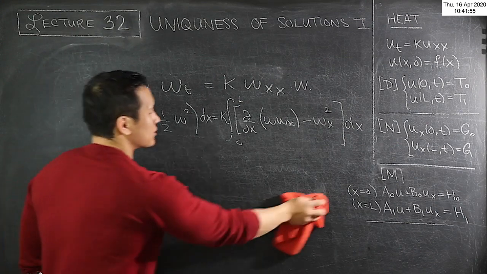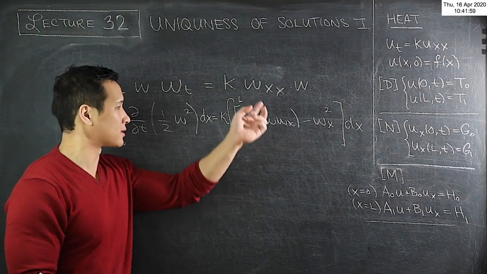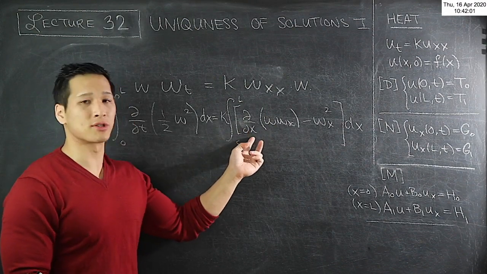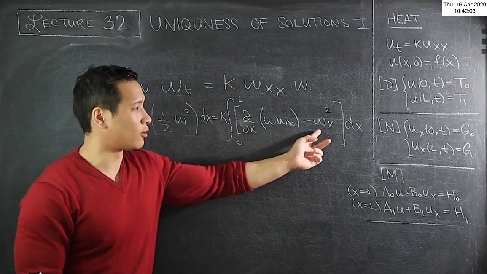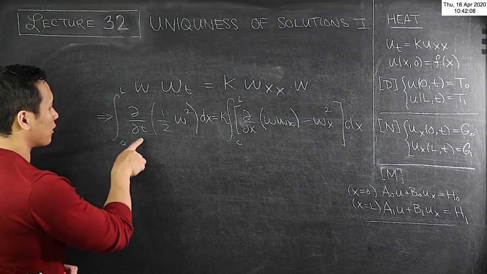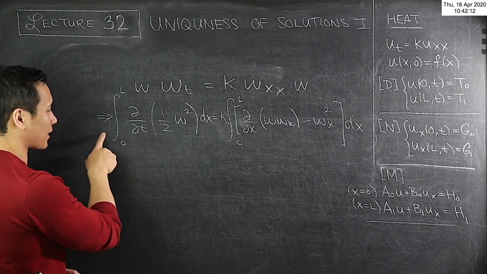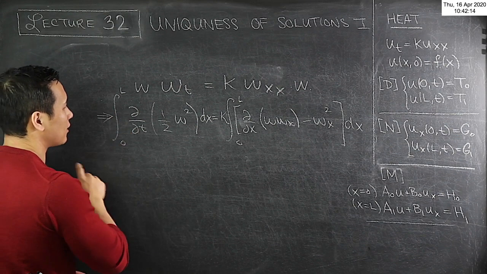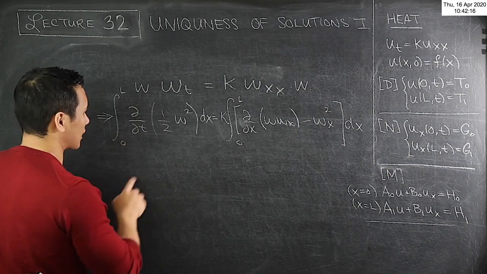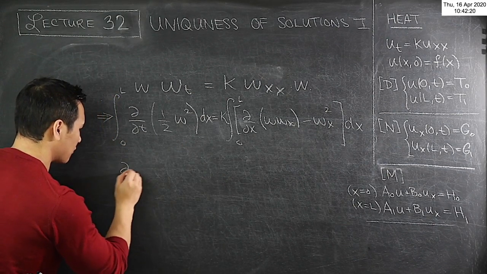Good. So now you're free to integrate this first term because this is just the integral of a derivative, and then we'll leave the second term. So we're going to rewrite the next line. You're also free to move this d/dt out of the integrand, because the integrand is just integrated in x.